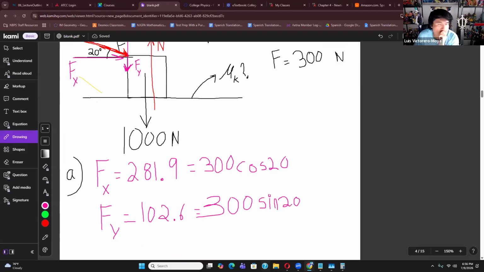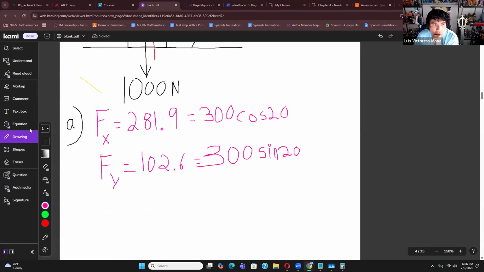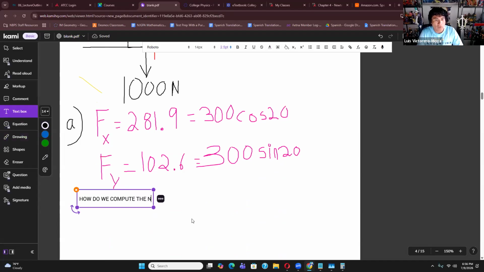So why do we need this? Because Fx is the one that is causing the motion. Fy, however, is what we need to find the normal. So how do we compute the normal force?